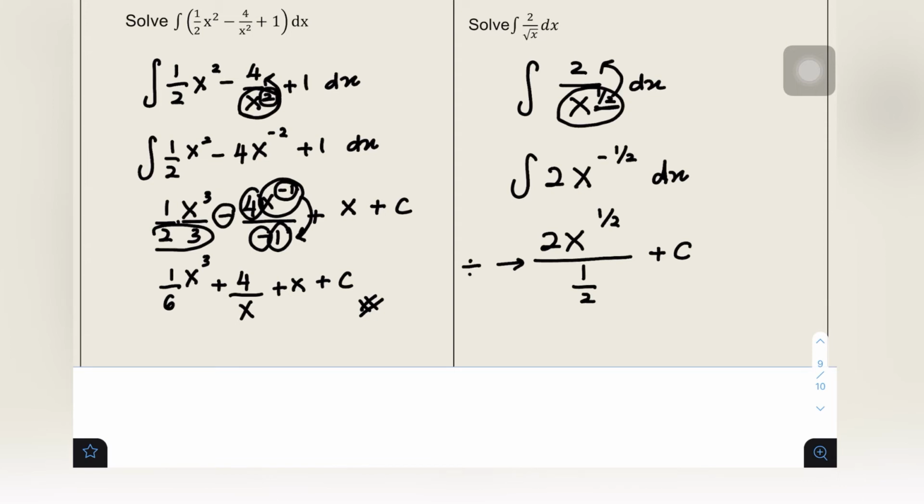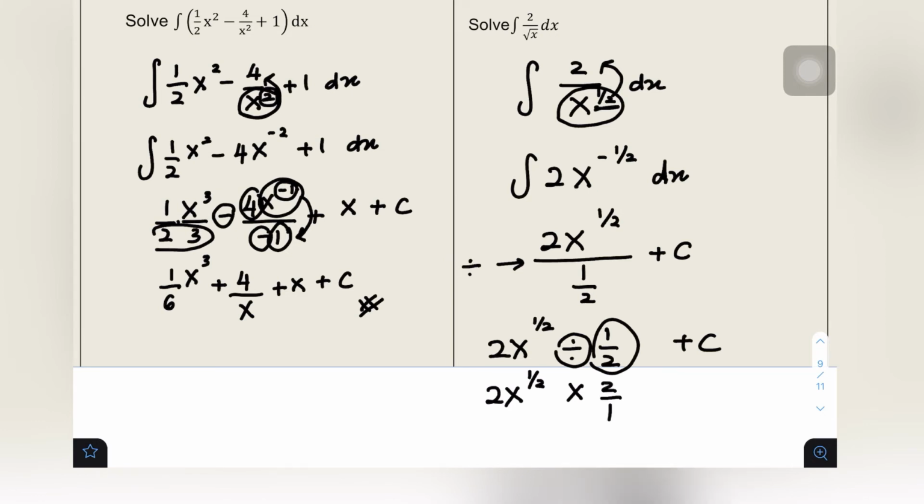So if you have 2x to the power of half divided by 1 over 2, plus c at the back here, you change divide into multiply, so it becomes 2x to the power of half multiplied by this one turned upside down. If you have 1 over 2, it becomes 2 over 1, and you have plus c here.